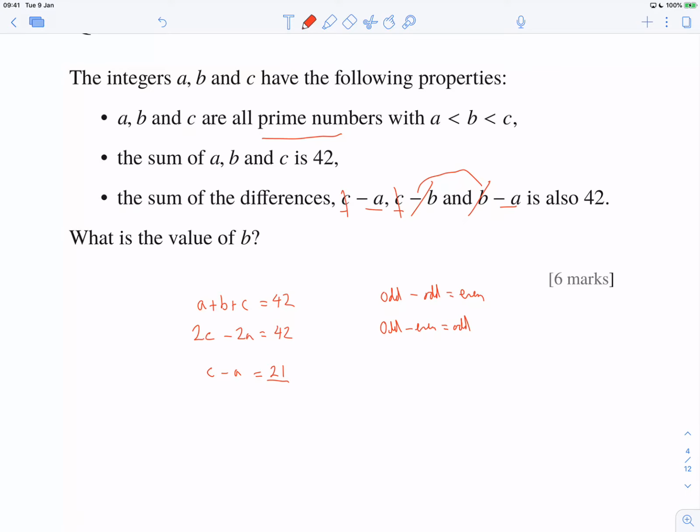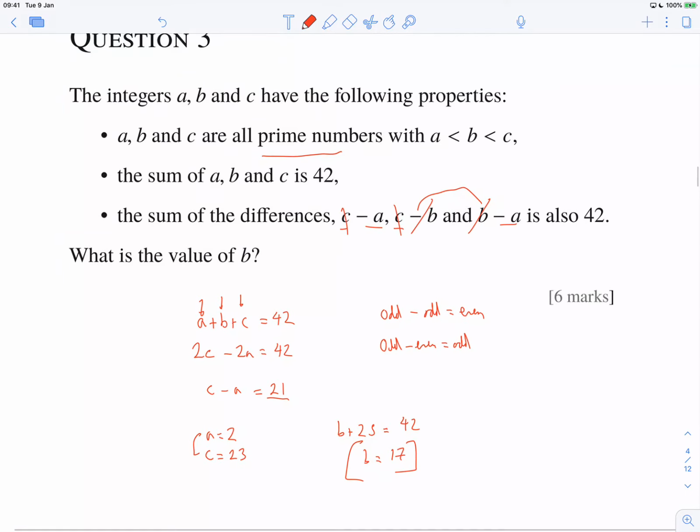Now there's only one even prime number and it's 2, so that's pretty obvious that a is 2, and then we can work back that c is 23. And then once we've got that, we've got a plus b plus c is 42. Well, I know what a plus c is, that's 25. So b plus 25 is 42. So it looks like 42 minus 25, 17. Cool, so that was quite easy.